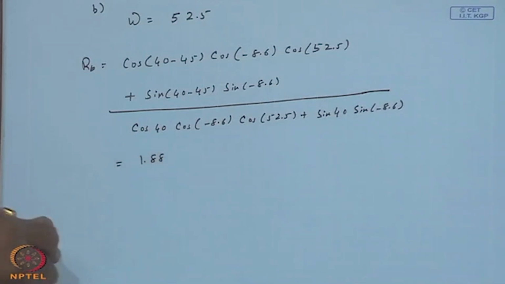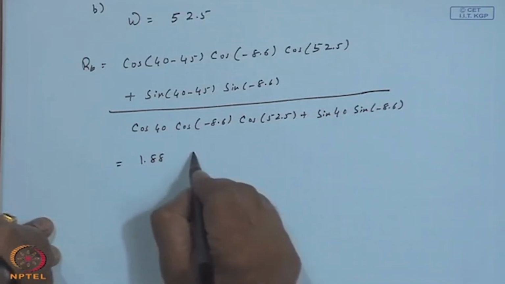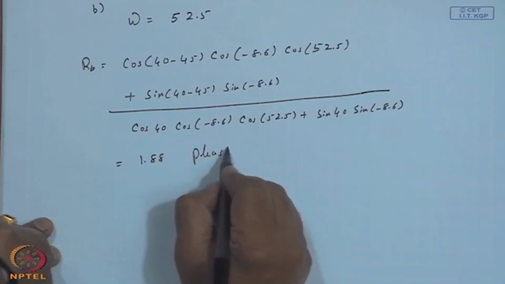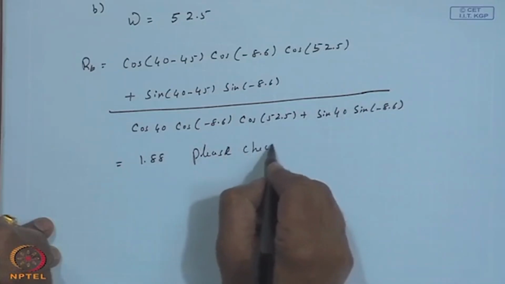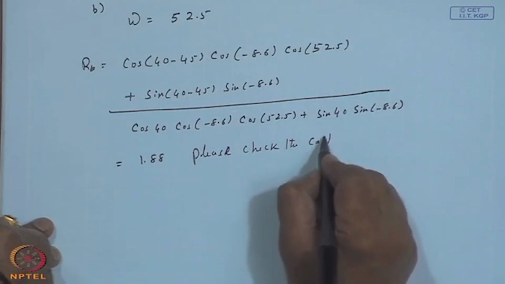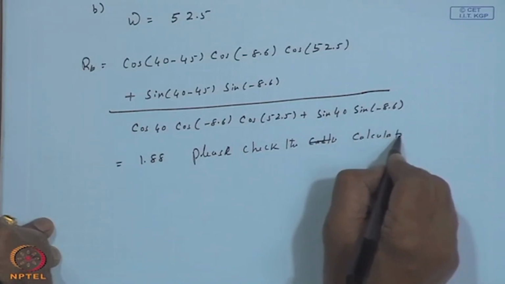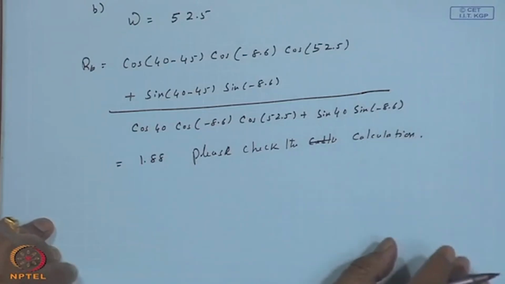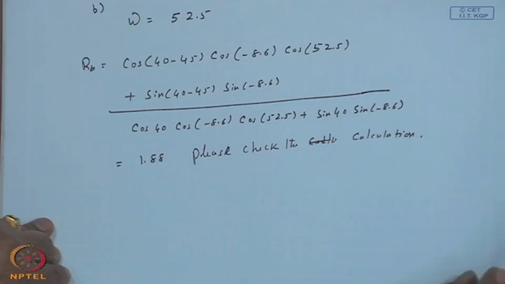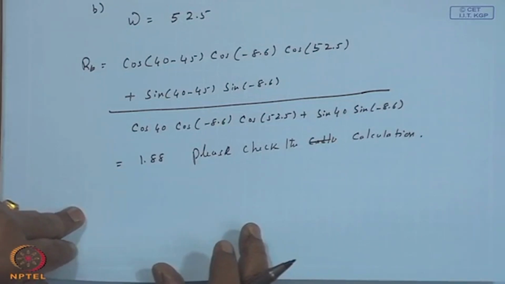In fact, it is more than 1.538. So, please check the calculation once again. It may be quite right, but I believe at 3:30 it may not be higher than what it is at the noon time, unless phi minus beta is making a different situation. Okay.